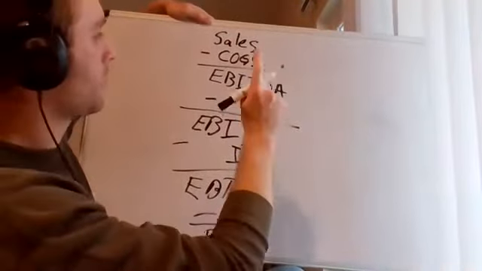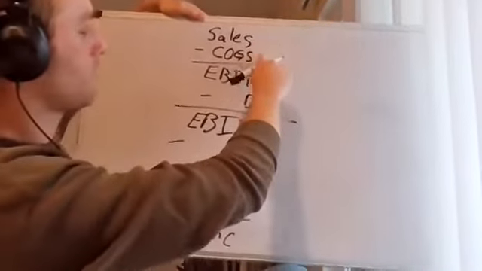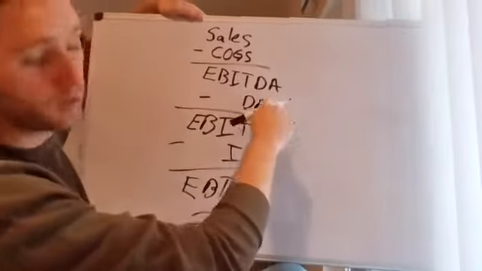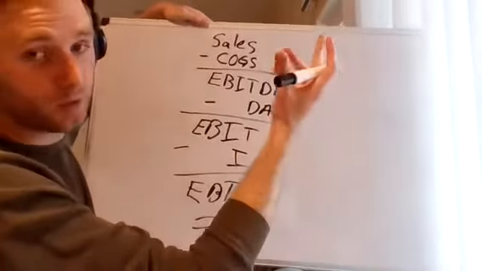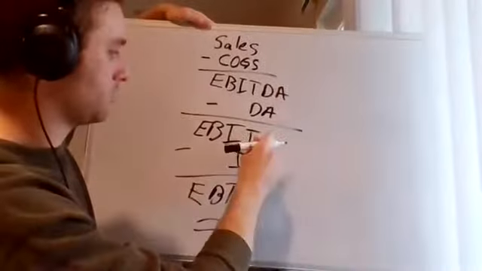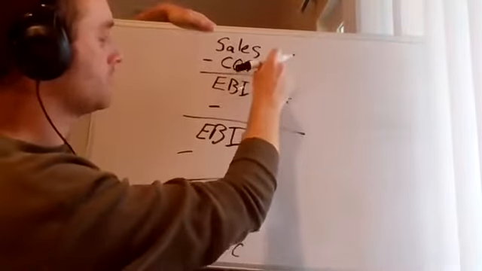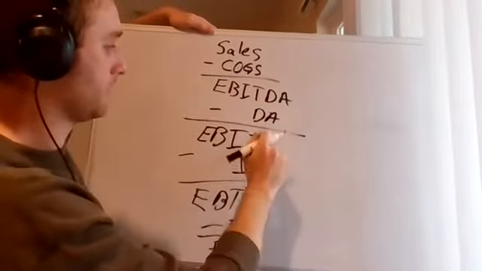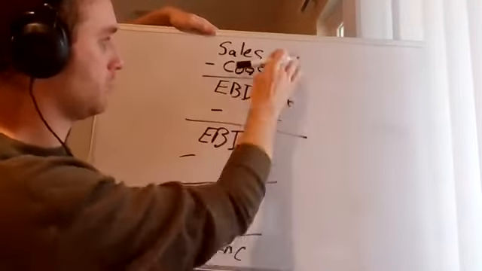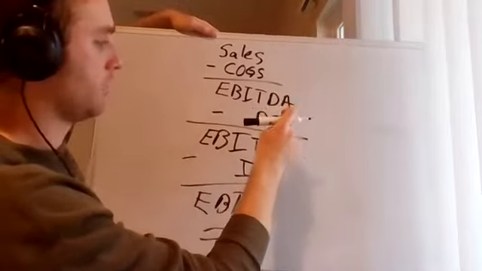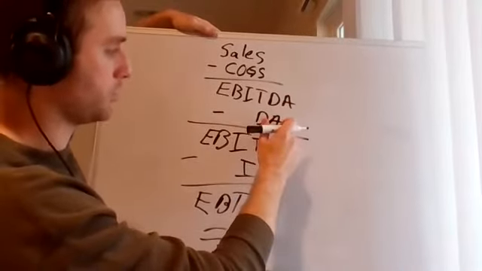So in that question, he gave you sales and cost of goods sold. He also gave you depreciation. That was to throw you off. And then he gave you the tax. So when you subtracted these two, you had your number. This is what you needed. But to throw you off, he put depreciation in there too.